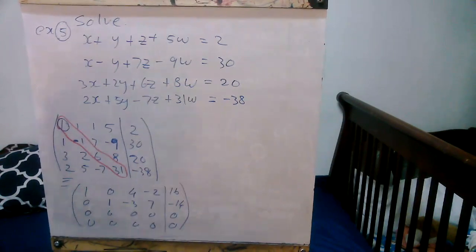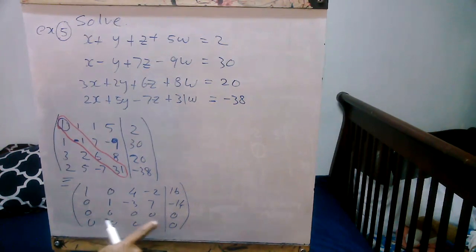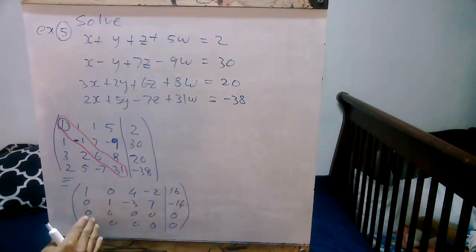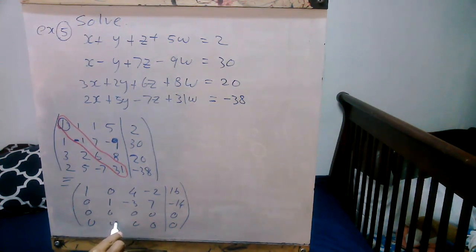After that we just stop for a while and think, okay, we have left side 0 and right side 0. If only the left side is 0, but on the right side you see a number, you simply say the system is inconsistent.